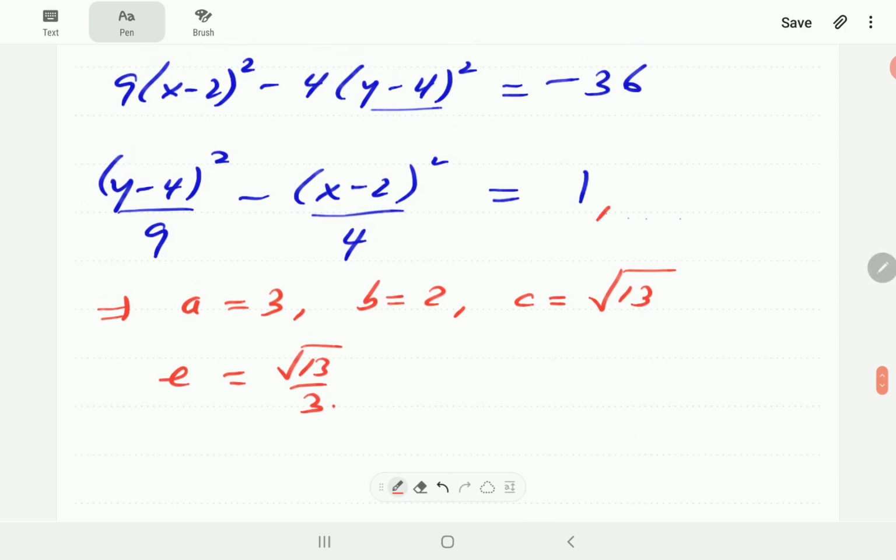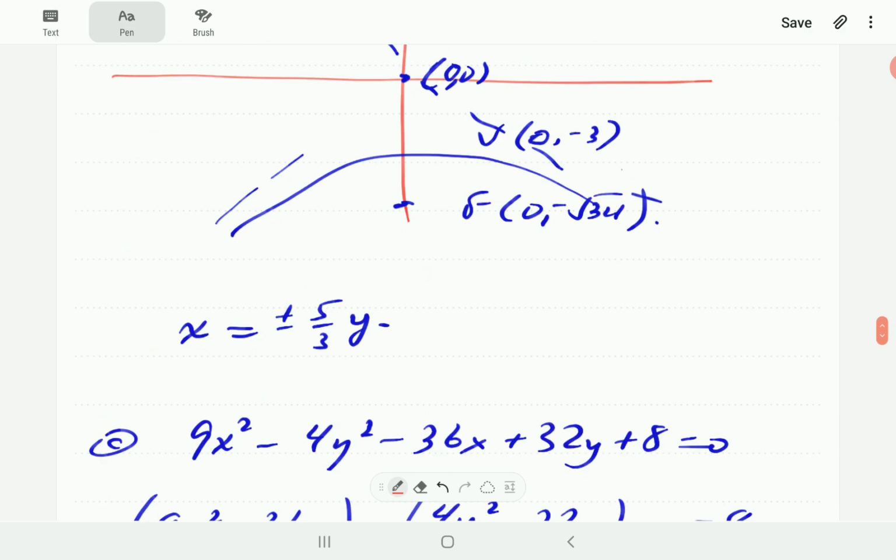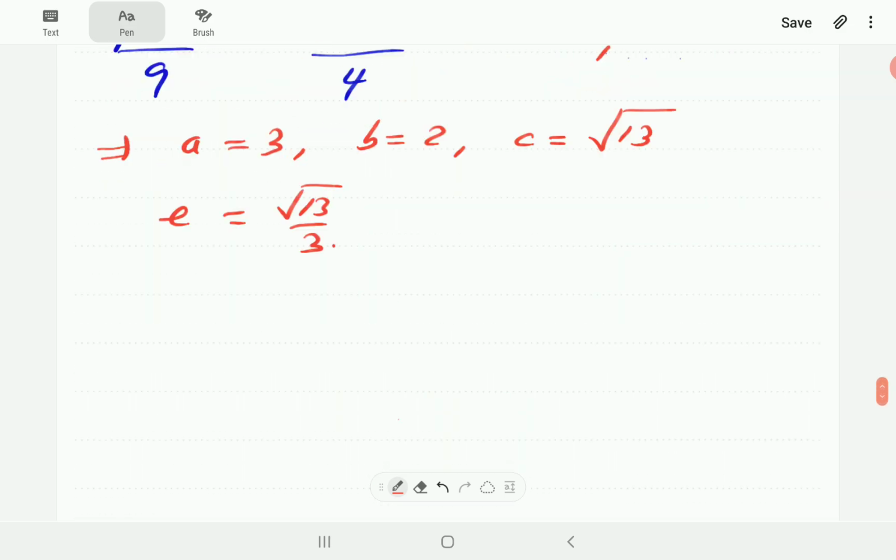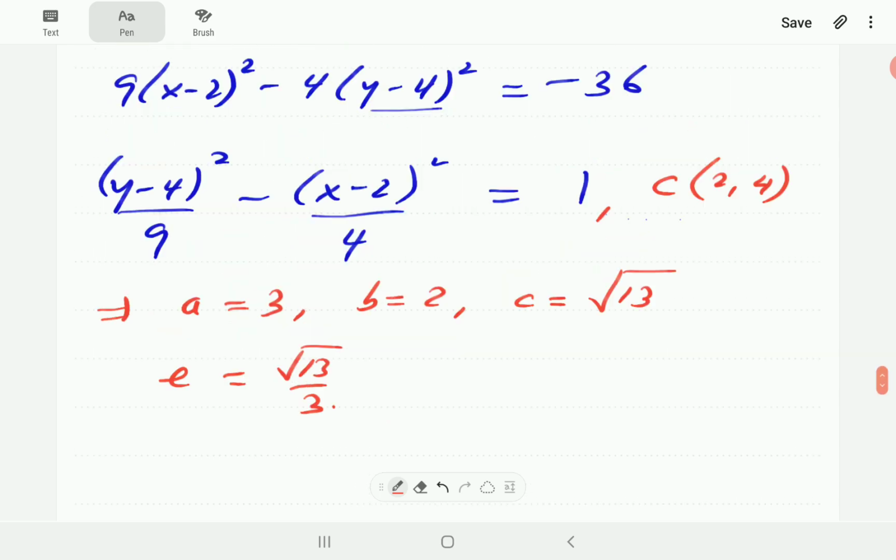From this again, the center is going to be at 2, 4. And since it's the y squared that's positive, the transverse axis is going to be vertical. So at 2, 4, the transverse axis is vertical.